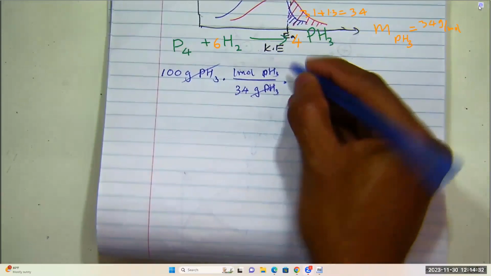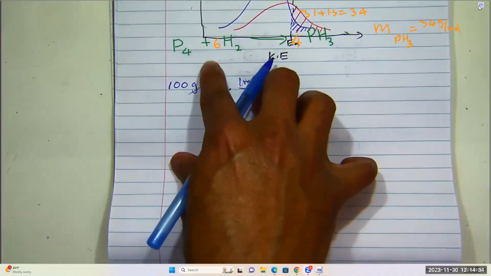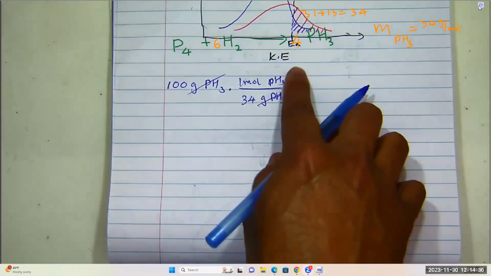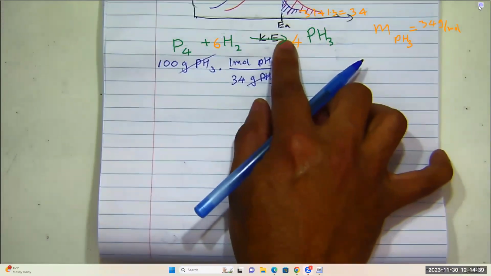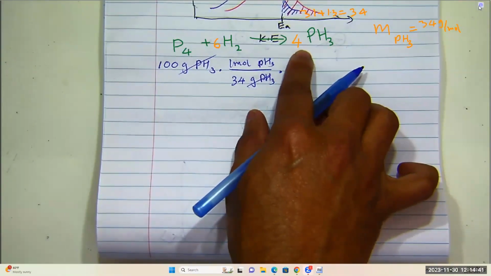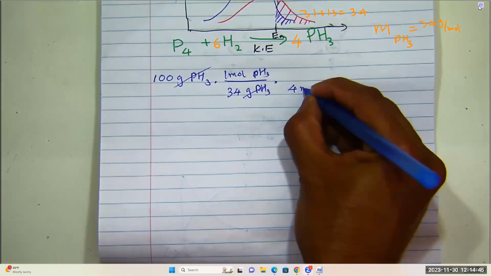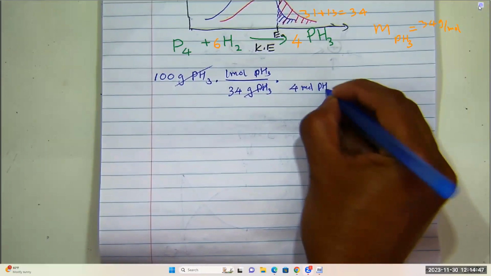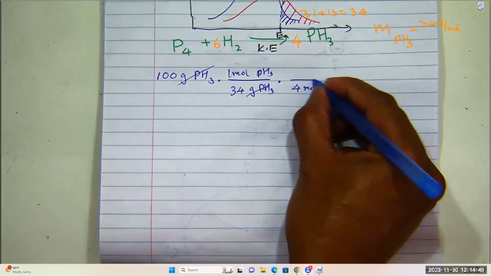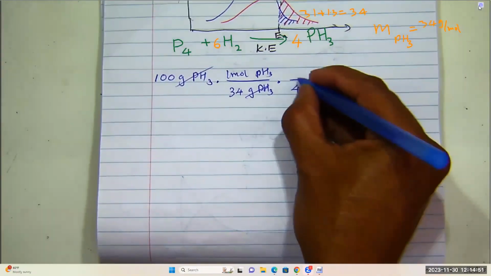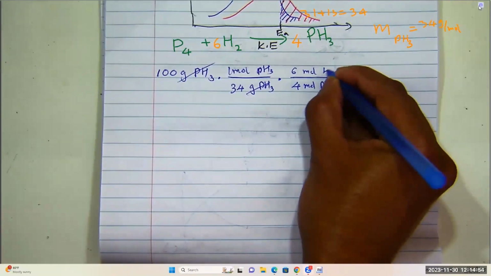To do that, I go to the balanced chemical reaction. To get 4 PH3, I need 6 hydrogens. Therefore, I write 4 moles of PH3 from the balanced chemical equation, and 6 moles of hydrogen over here.